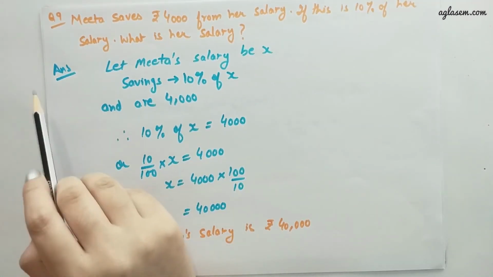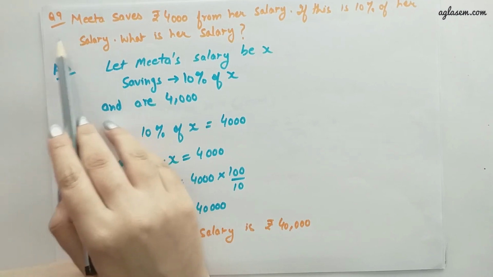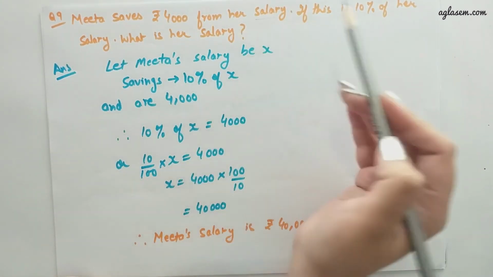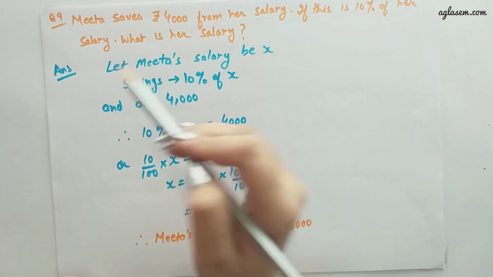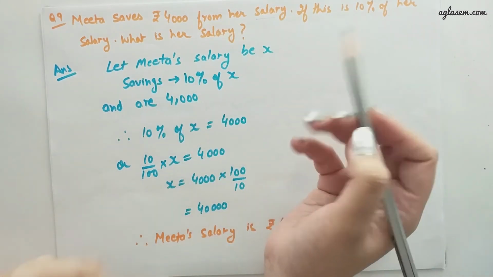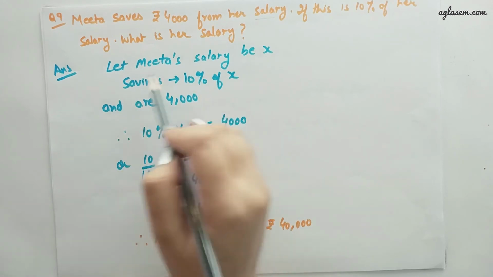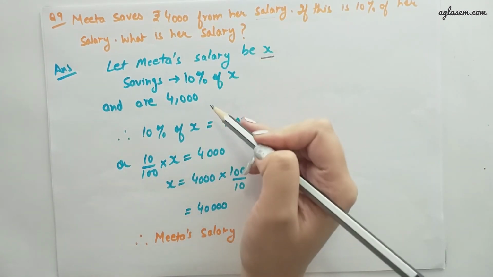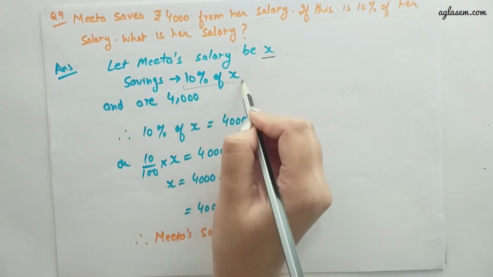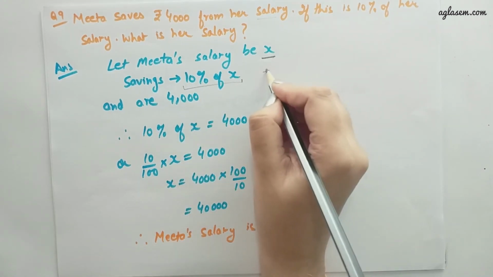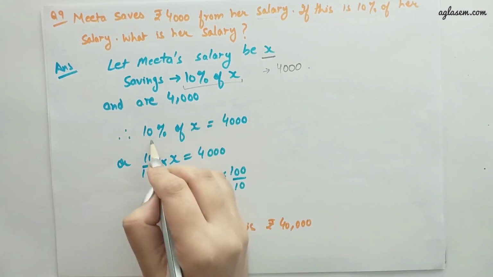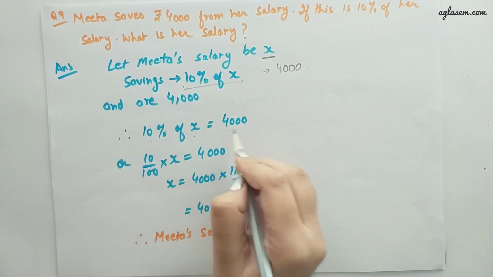Now moving on to the next question, that is 9. Mita saves rupees 4,000 from her salary. If this is 10% of her salary, what is her salary? Now let us assume Mita's salary be X. So her savings is 10% of X and we know in numbers that is 4,000. Now 10% of X is equal to 4,000.